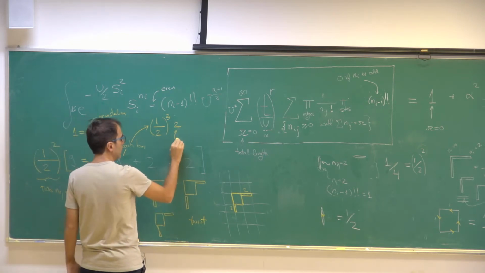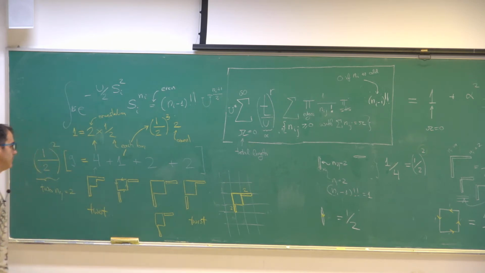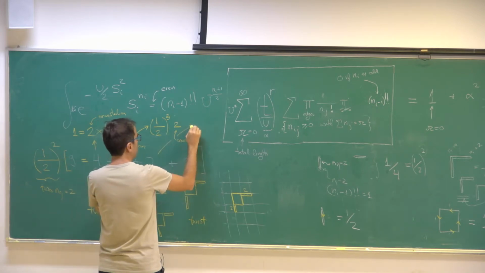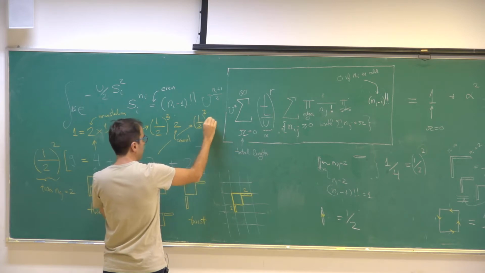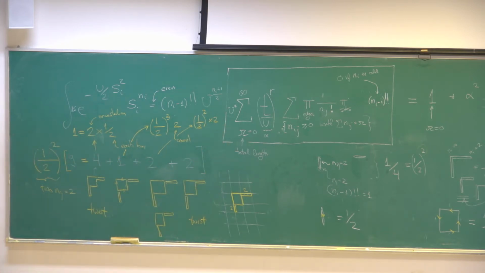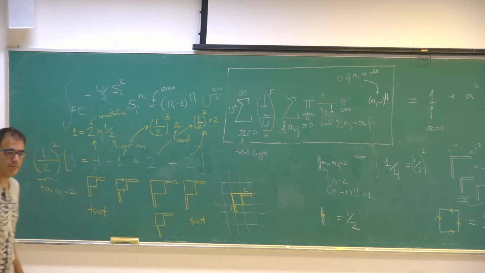Right? 2 is the orientation of the square. And that's how I write the 1/4. This 2 is 1/2 that I write as 1/2 square times 2. 2 the orientation, 1/2 square, because there are 2 loops. And the same thing here. Okay?